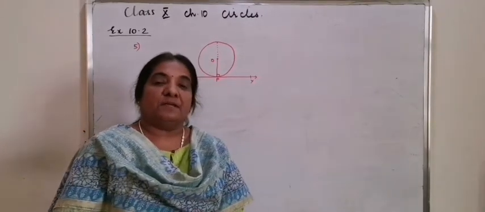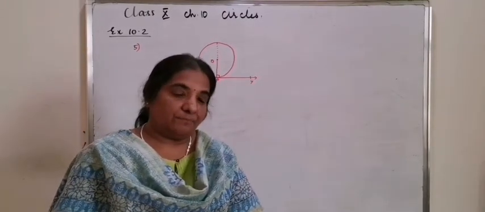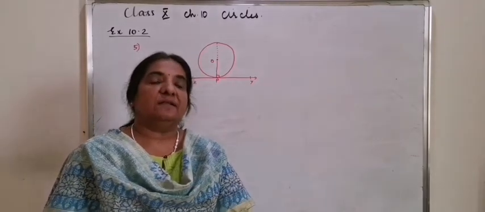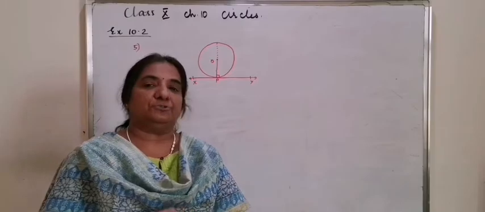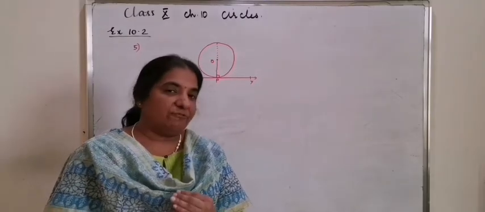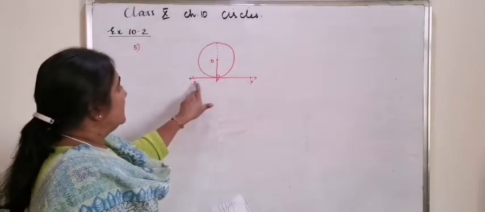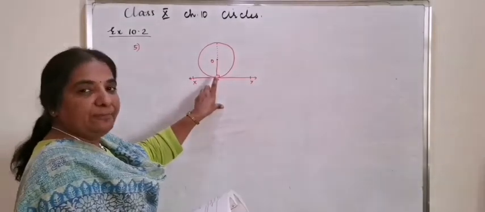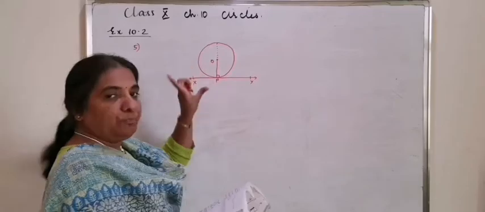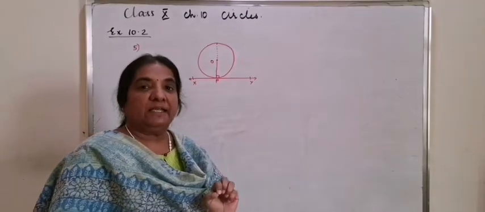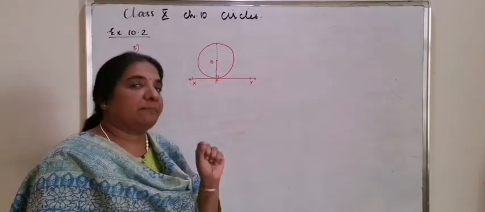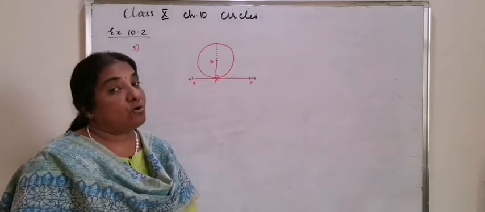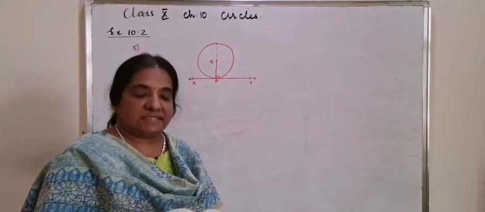And now, as per the theorem, we know very well that the radius of a circle is perpendicular to the tangent. So, if we think of the tangent at the point of contact P, and if a perpendicular is drawn through P, definitely OP in this picture will represent the radius, and the radius of the circle always passes through the center.